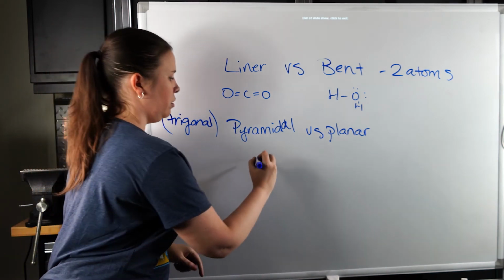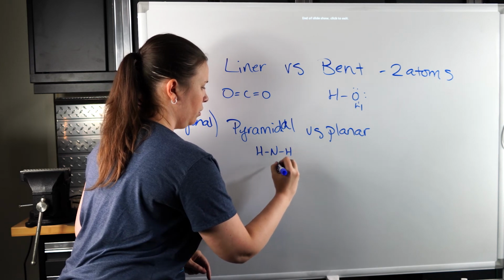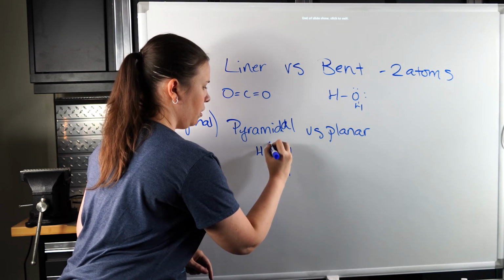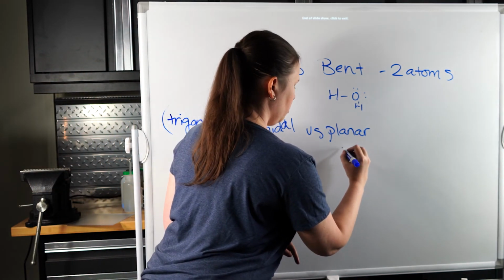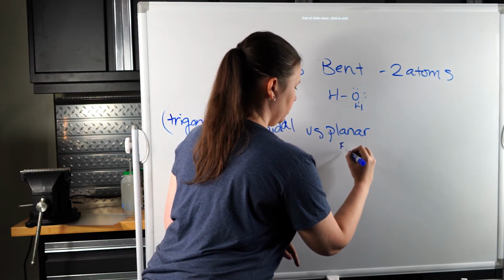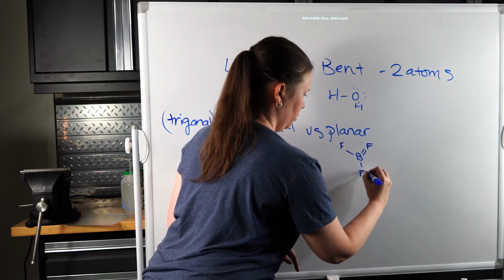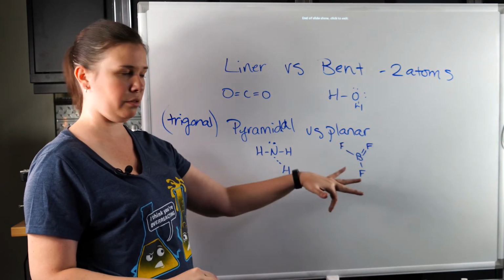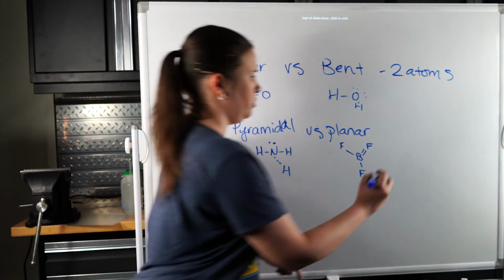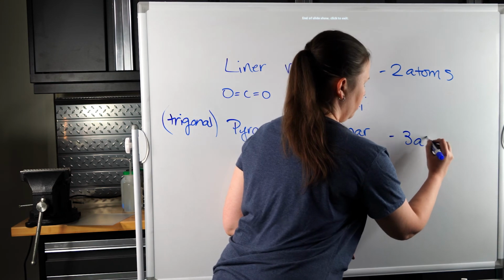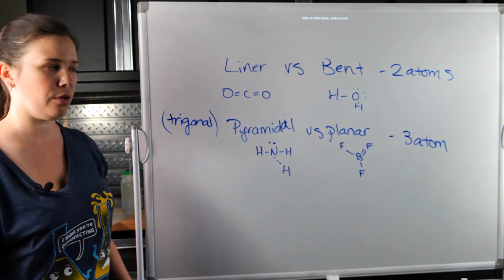With the pyramid, you would have a lone pair on the nitrogen, and with the planar, it would have a double bond, like with the boron trifluoride. Double bond allows it to lay flat, lone pair pushes it. So these are our options if we have 3 atoms attached, in addition to the central atom.